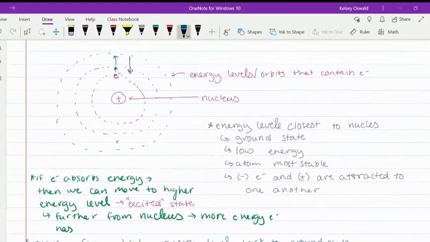Since our electrons cannot live in between those orbits, we do not see a continuous spectrum of light. Those wavelengths are very particular to what this change of energy is. That specific change in energy between our levels, we are going to call a quanta of energy.